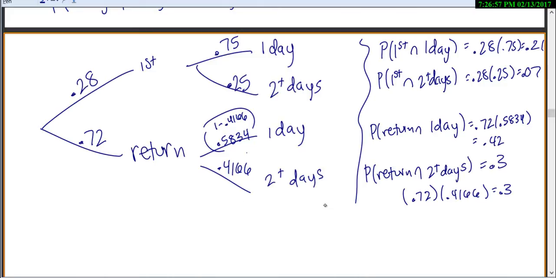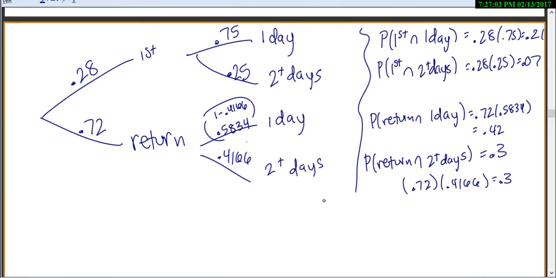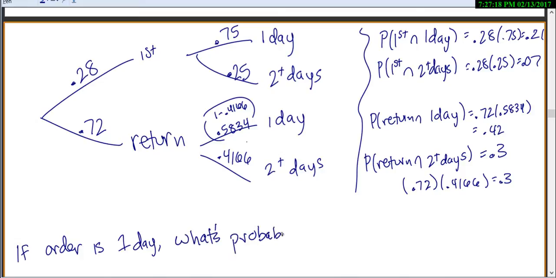Now that we did all of the tree diagram and we found everything on the tree diagram, the question asks us, if the order goes out in 1 day, what's the probability it was for a first-time customer?